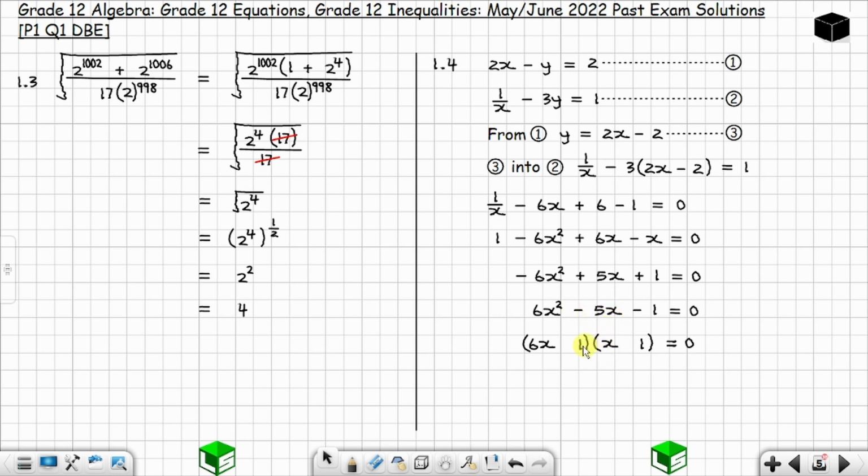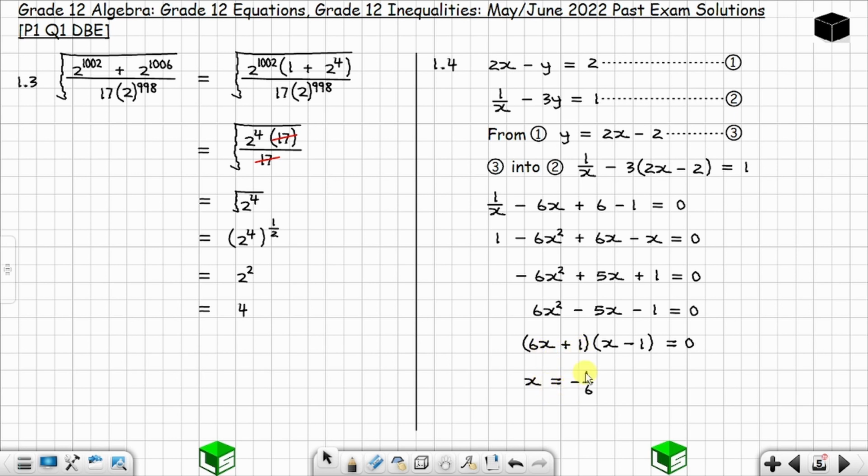Then from here, x is equal to negative 1 over 6.